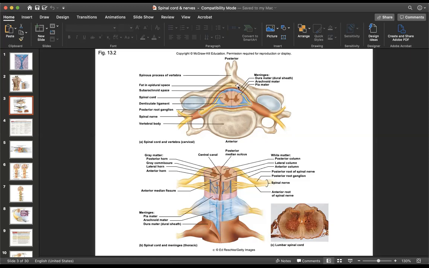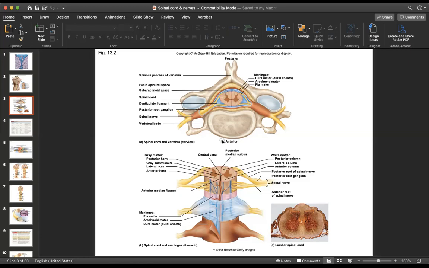But in the vertebral foramen within the vertebra, you have a little layer of fat, and then you've got the meningeal layers, you've got the dura mater, arachnoid mater, and again, between the arachnoid and the pia mater is the cerebrospinal fluid. Okay, the pia mater, just like the brain, is very intimately attached to the surface of the spinal cord.